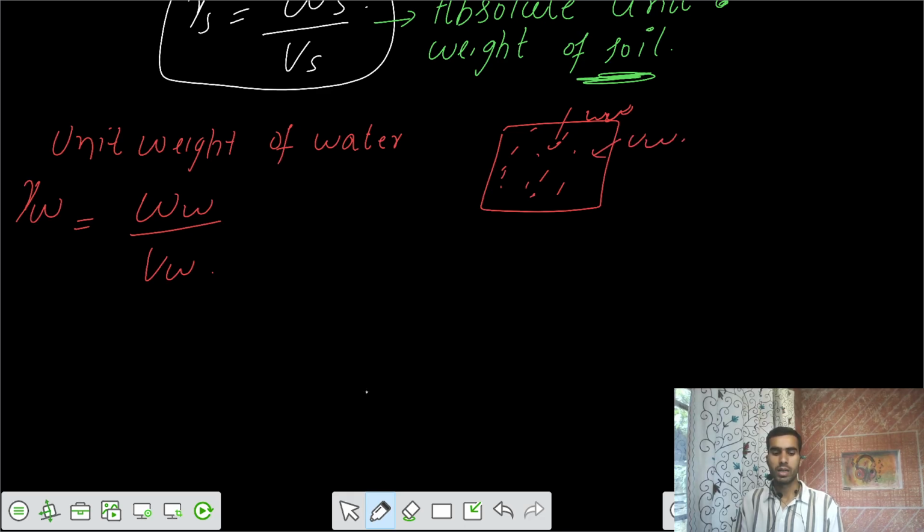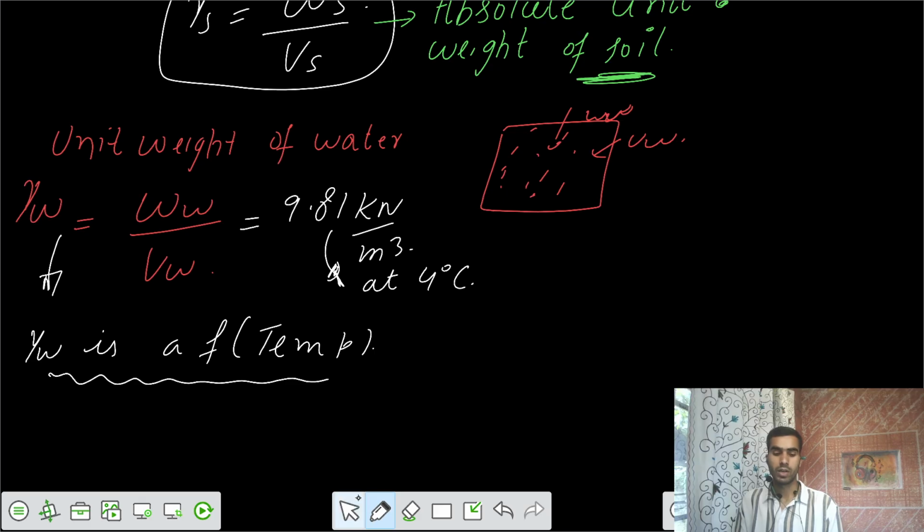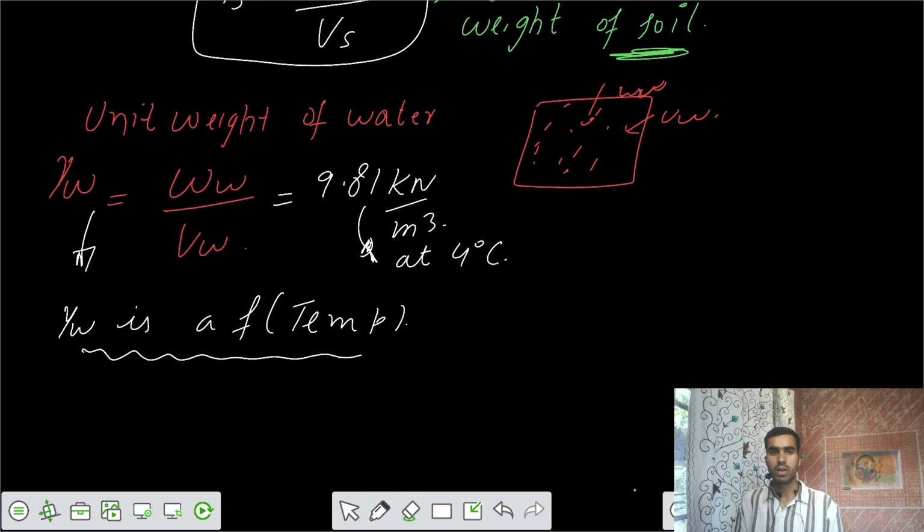That's your gamma water, gamma W. Its value is generally taken as 9.81 kilonewton per meter cube. Gamma W is a function of temperature, and this value is taken at a specific temperature of 4 degrees Celsius.